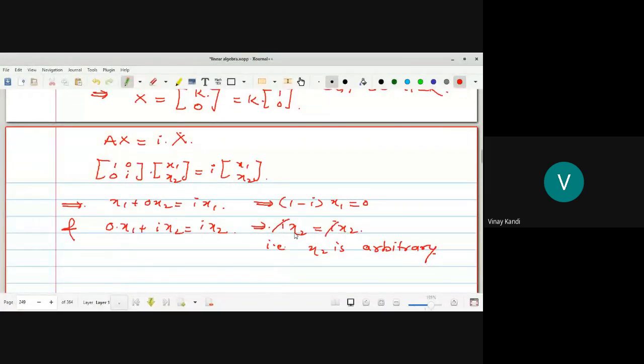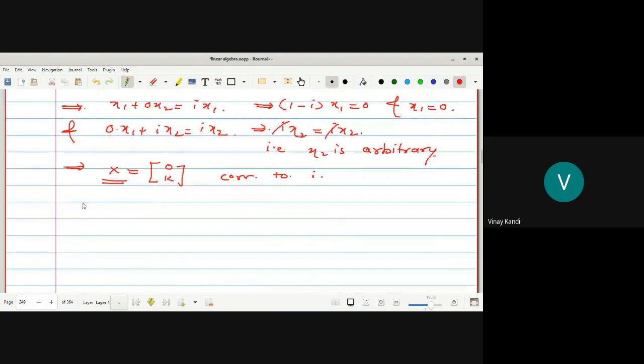So X is equal to 0, k, which is k into 0, 1. Any doubt?